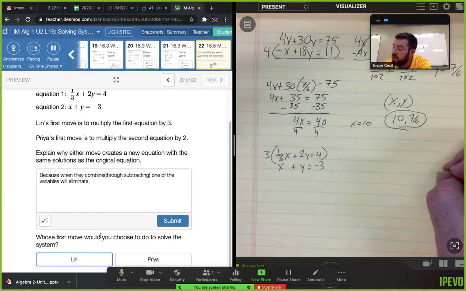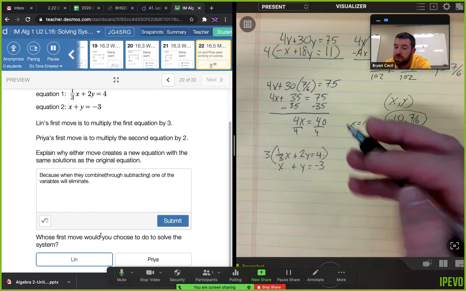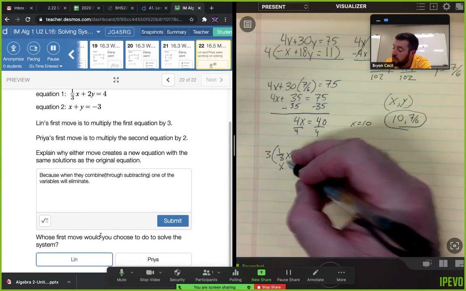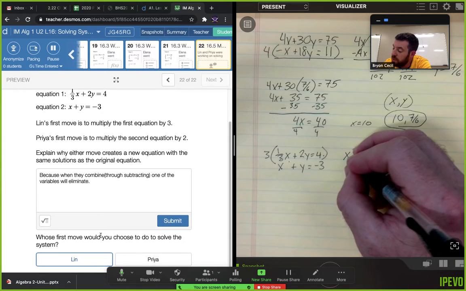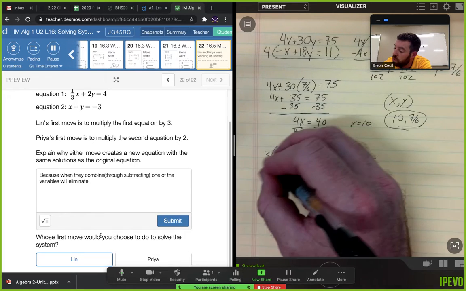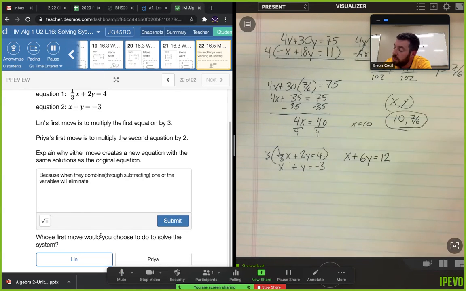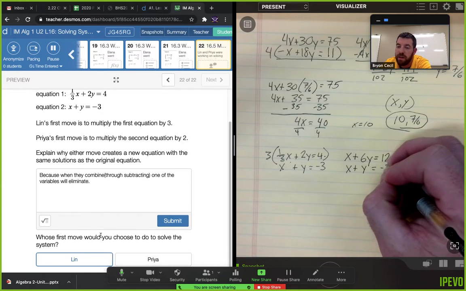So I'm going to take each term times 3, and I'm going to write my new equation. So 3 times 1/3 x is just an x, plus 3 times 2 is 6y, and 3 times 4 is 12. Now I didn't touch the bottom equation, and so here I am.